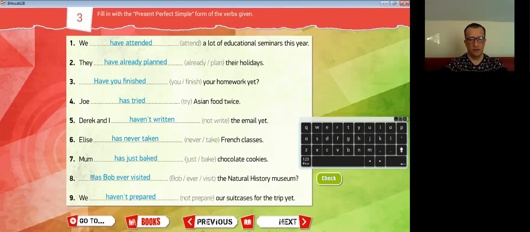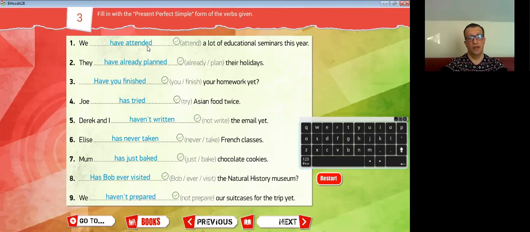Okay, that's right. As you see, all the sentences are correct, and we have practiced present perfect tense. When we want to say a sentence with present perfect tense, we use have or has, and then we use the third form of the verb.